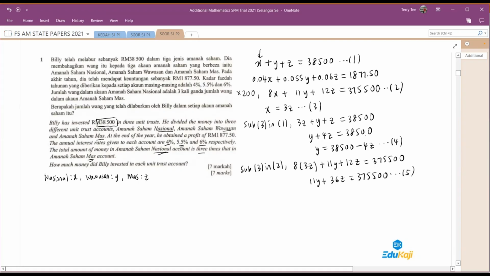Equation number 5. I've got 4 and 5 already, so I need to substitute equation 4 into equation 5. I may not have enough space, so I'll do it over here.